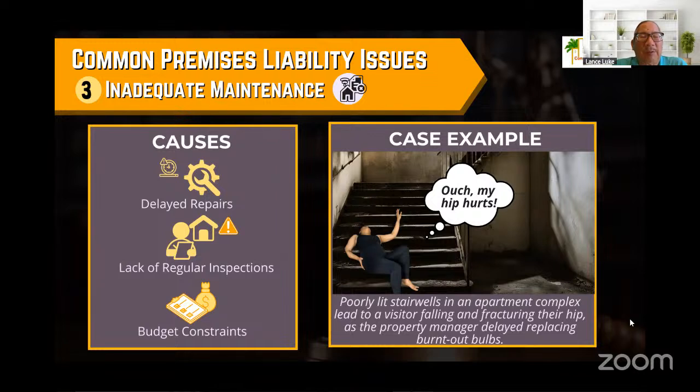Maybe they don't even know it's broken because no one did an inspection. Okay, so one of the causes is lack of regular inspections. So if you don't do inspections of your building, how do you know what could or may be a problem or is a problem? Okay, so if you don't know what the problem is, then there's no repair. If you know what the problem is and don't fix it, then it's a delayed repair.